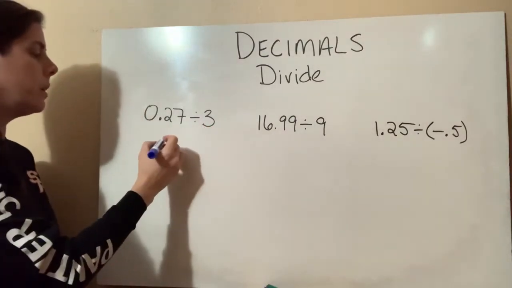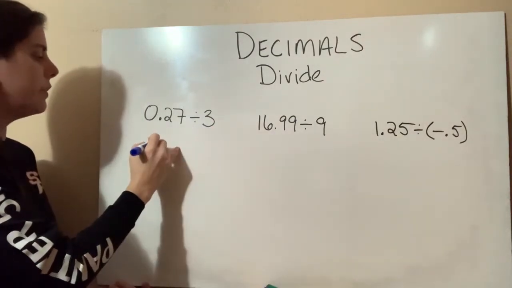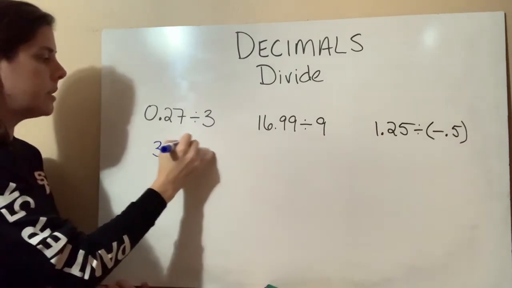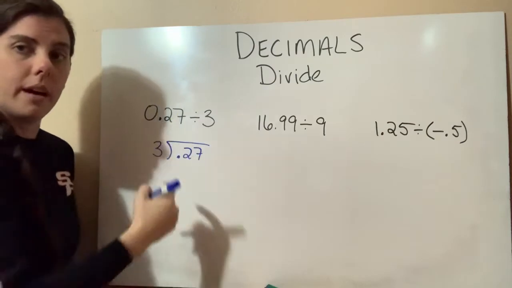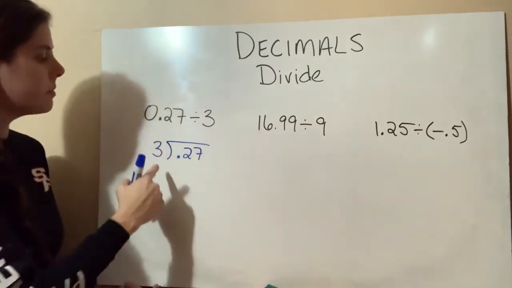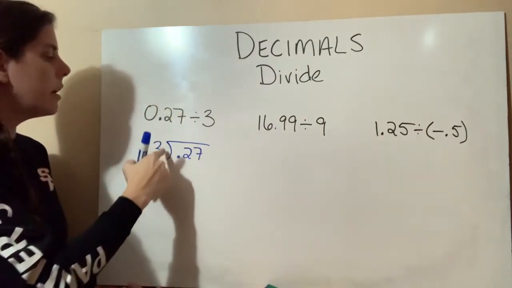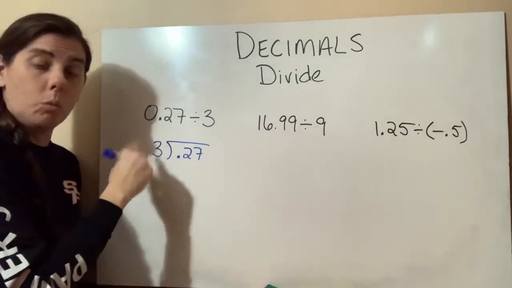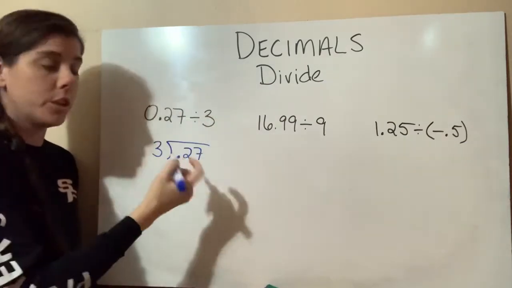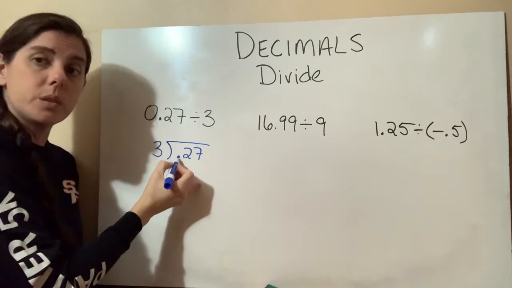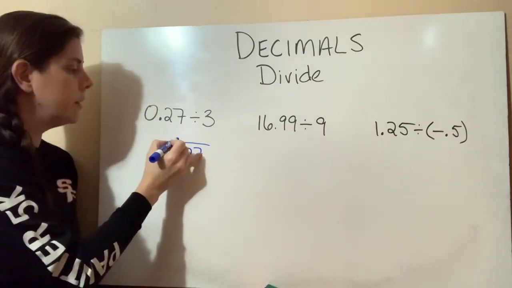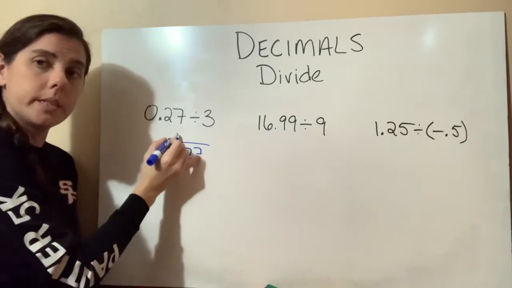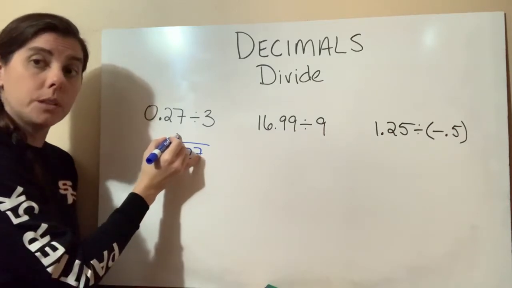When we set it up in long division format, the divisor goes on the outside and the dividend goes underneath that long division symbol. As long as our divisor is a whole number, we're good. We can just do regular division. The only thing we need to do is wherever this decimal is, just bring it up. Wherever it's at down here is where it's going to be in your quotient, or your answer.